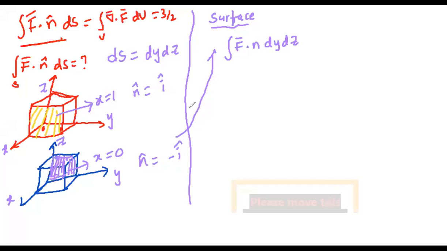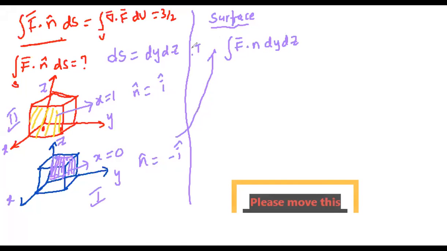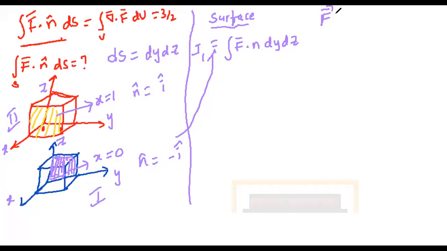For this first surface, x is equal to 1, I am doing that. Tell me, F dot n, how much? What is the n value here? What is the F value? Sir, I forgot to write the F value.